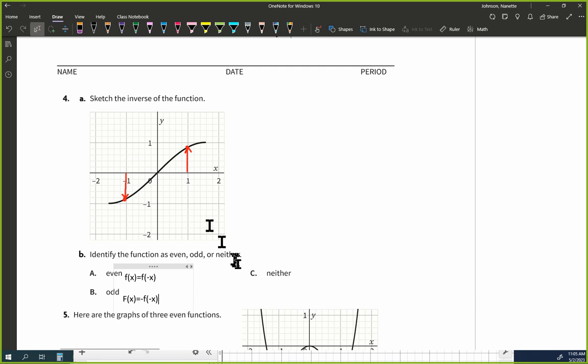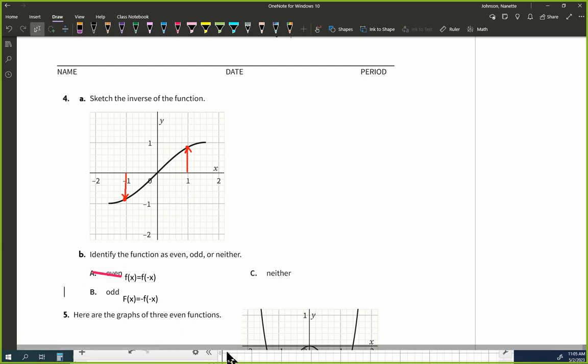Okay, so I need you to compare this y value to this y value. Are these two equal? Are these two y values equal? Everyone says? Are these two y values equal for this guy and this guy? No. So it's not even.